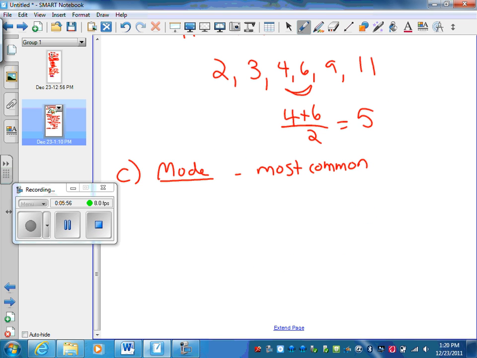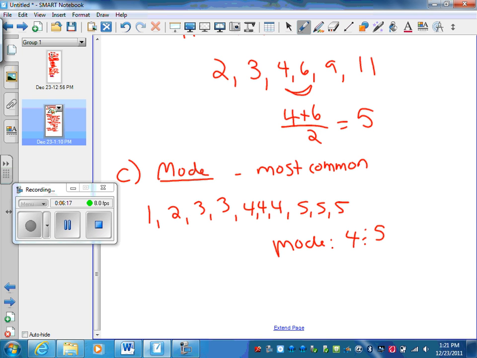Data can often have more than one mode or no mode. So for instance, if I had data that was 1, 2, 3, 3, 4, 4, 4, 5, 5, 5, it has two modes. Its modes are both 4 and 5.